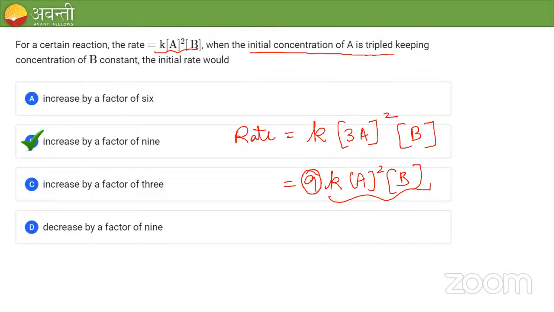We are tripling, which means increasing it to 3 times. So we will get the rate with an increase factor only. If we decrease the concentration of A to half, then in some cases we may end up with minus values. Got it? That too, if you have the power as 2, we will not get that, because if you square anything, you will end up with positive values only, right? So that is a rare case.